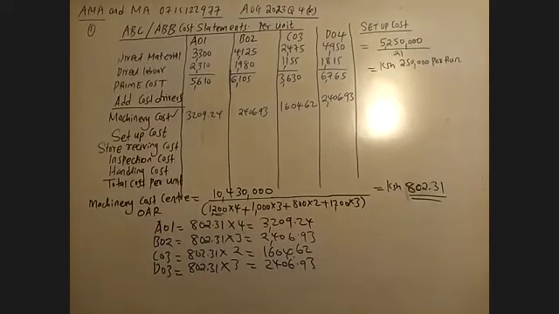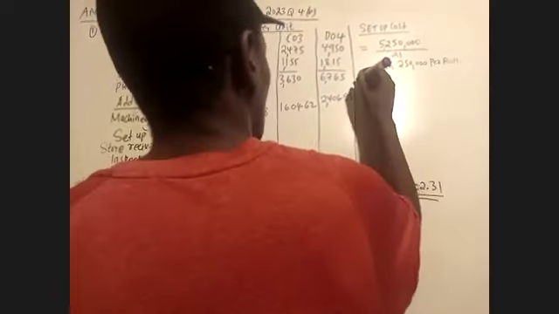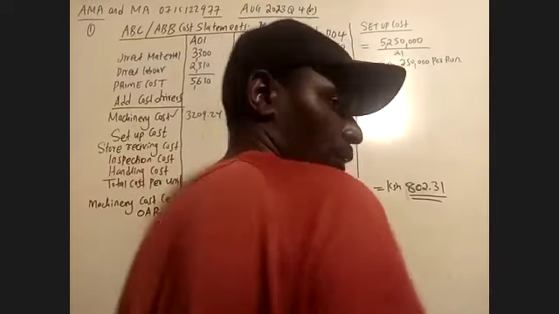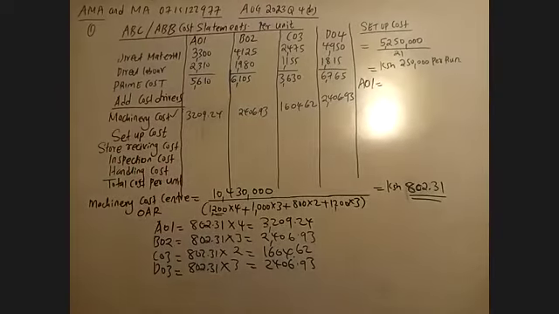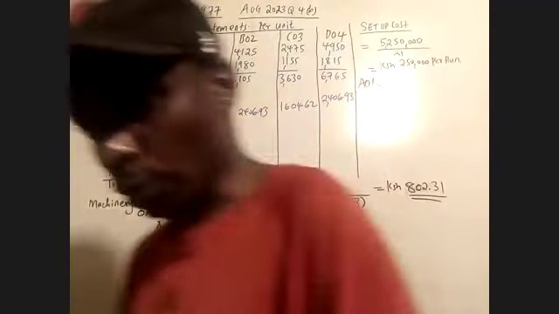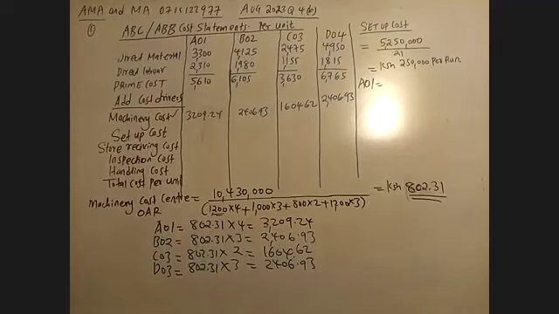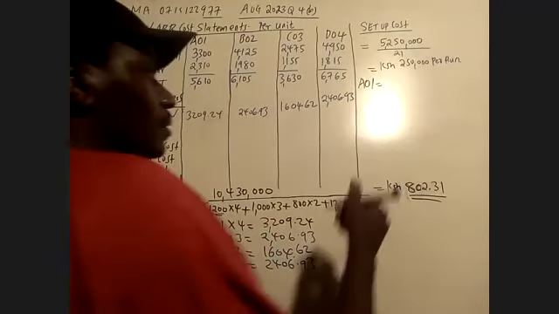Now we can find the cost per unit for each. Let's start with A01.